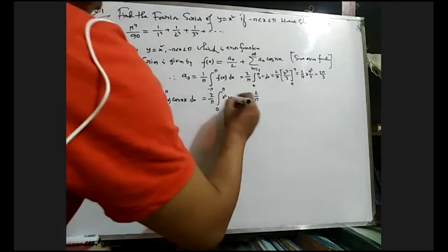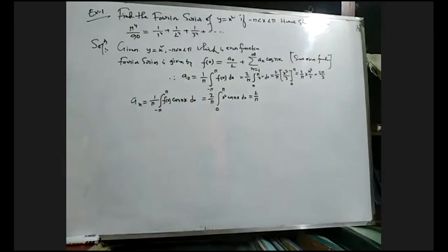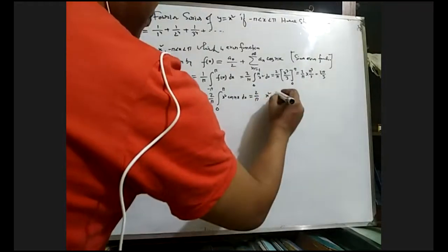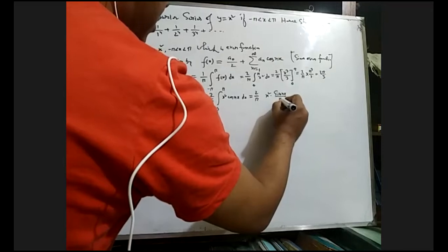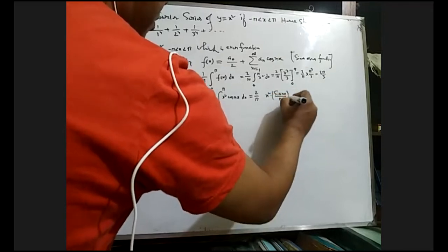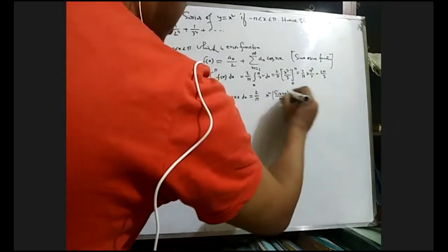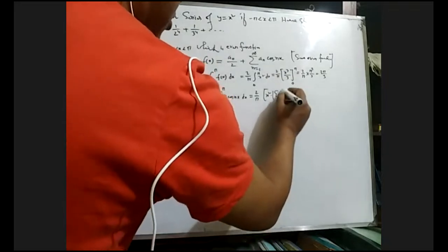You must know this is the integration of a product of two functions. That means the UV process, so we have to apply the UV process formula. How can we apply it? First of all, u into the integration of cos, which is sin nx, but dividing by the coefficient of x, minus the differentiation of x square, which is twice x, then again the integration of this.